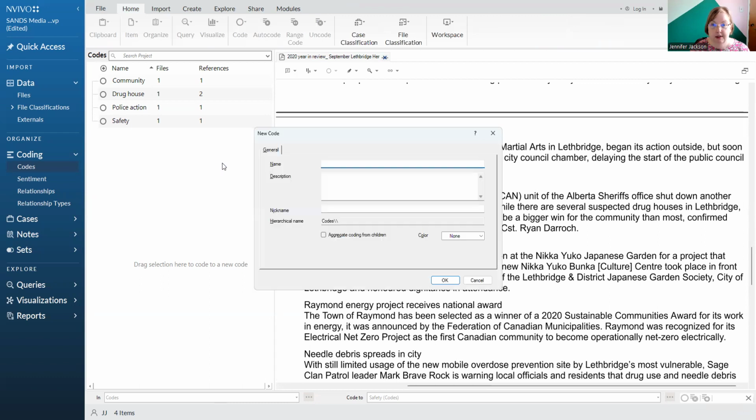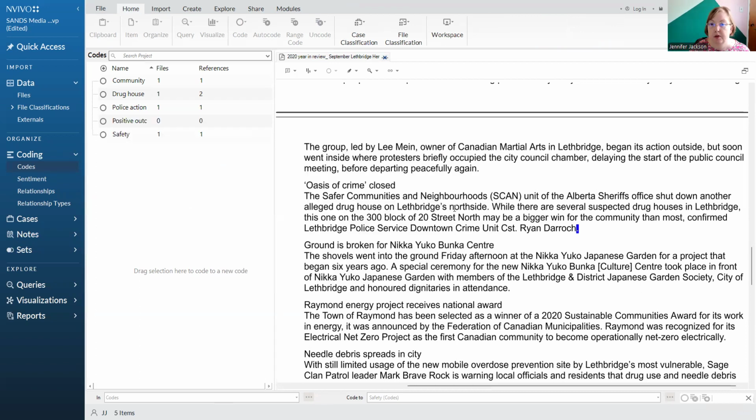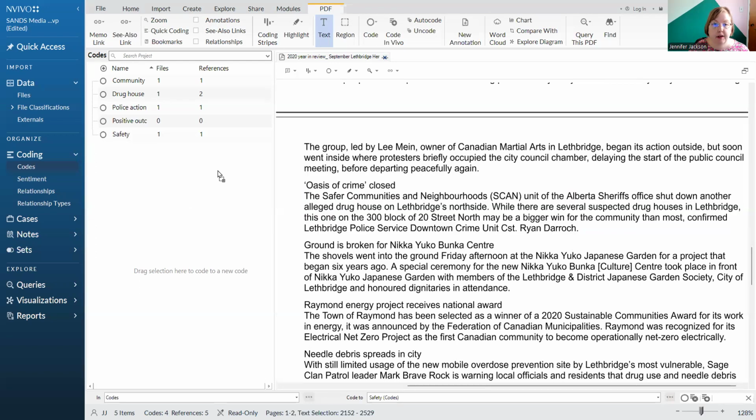So we've got a positive outcome. We can continue coding, and I won't for our purposes here, but we could also start looking at, across other articles, are people who use drugs continuously depersonalized or made liminal through these quotes?